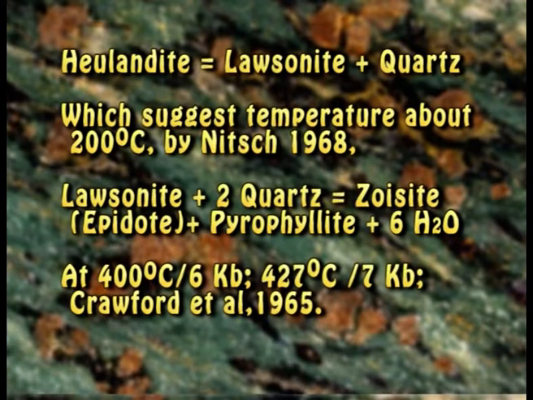1965. Thus, the disappearance of lawsonite and appearance of epidote minerals marks the beginning of the glaucophane greenschist facies, the higher pressure equivalent of greenschist facies. Pressure condition is indicated by the following reactions.